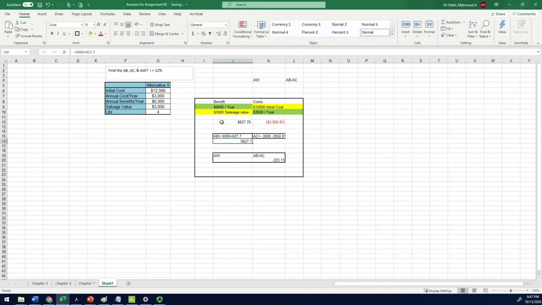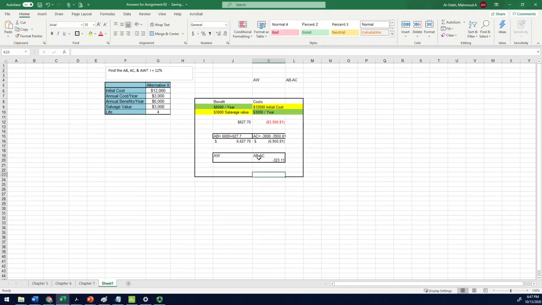And the annual cost would be minus 3,000, because this is a cost, minus 3,950.81, and that will give you a negative 6,950. That's the annual cost.